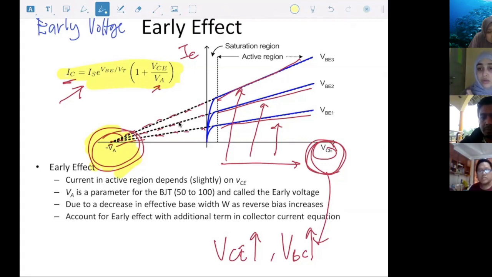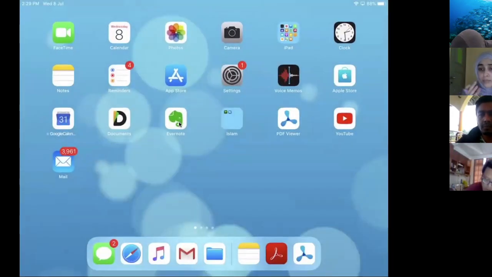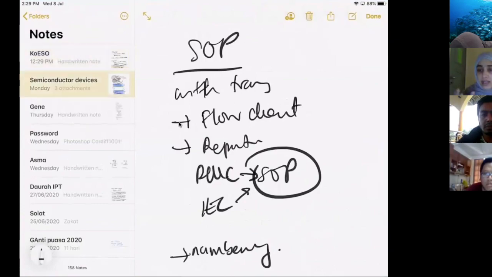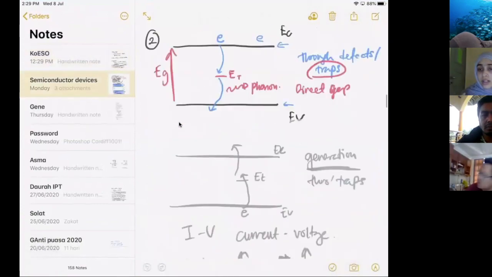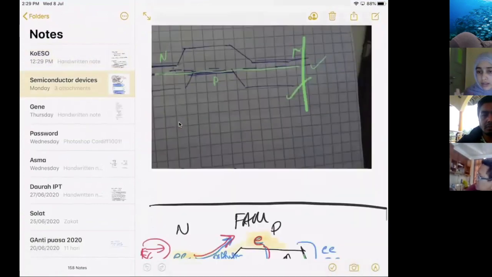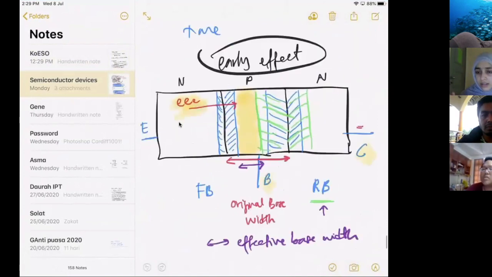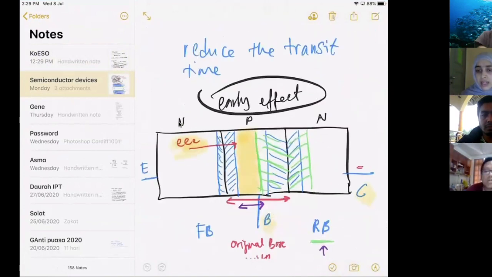And we know if we increase the reverse bias, the depletion width will go on increasing at the base to collector junction. We have a depletion width there, and it will increase. The more we increase the reverse bias, the more the depletion width increases, isn't it? Like in a diode, what happens when we reverse bias a diode?